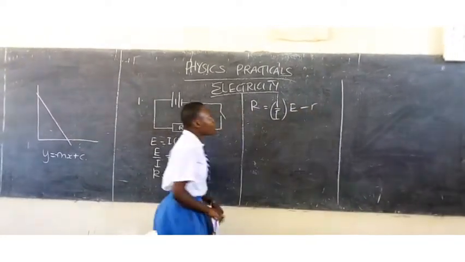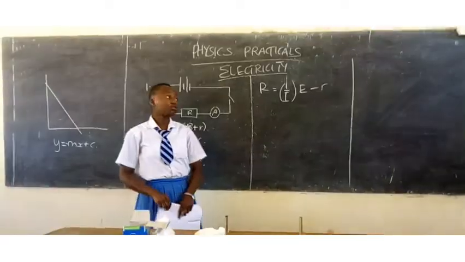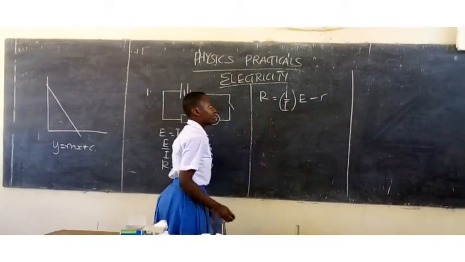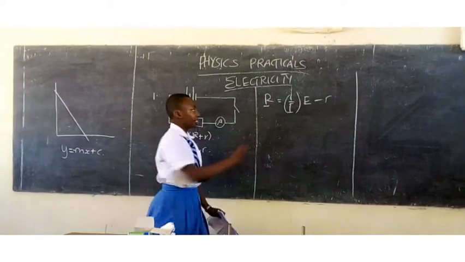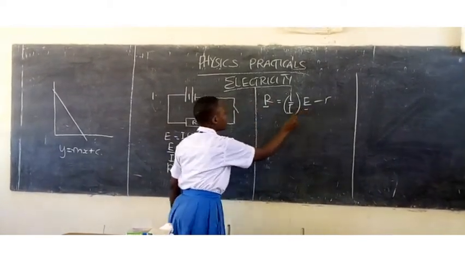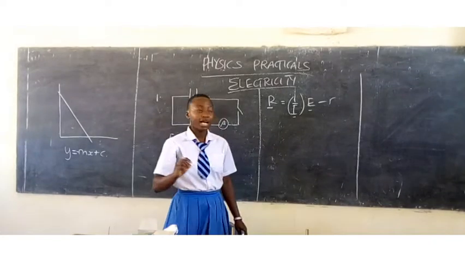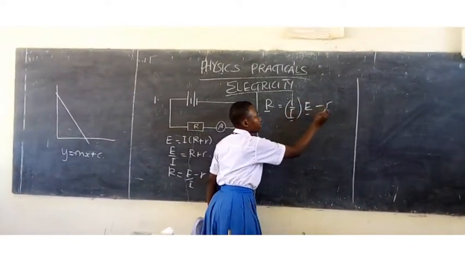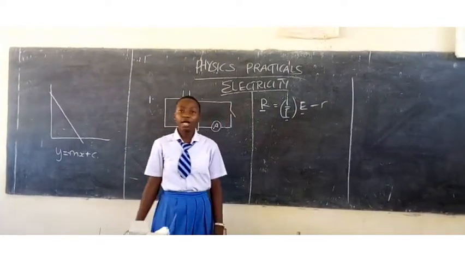So, R equals E times 1 over I, minus r. From this equation, if you're told to draw the graph of R against 1 over I, that means R will be the vertical axis, and 1 over I will be the horizontal axis. This E will be our slope. This r will be our vertical axis intercept.